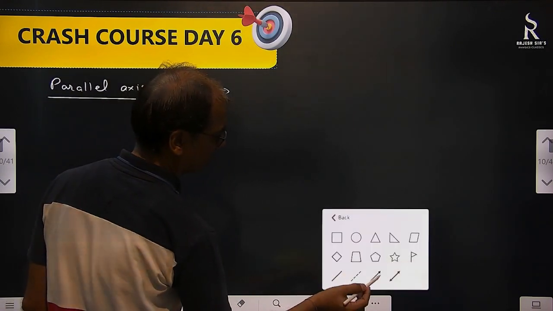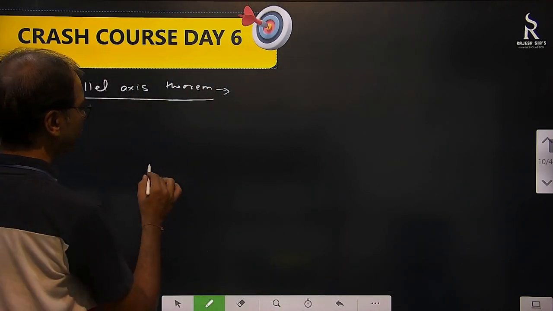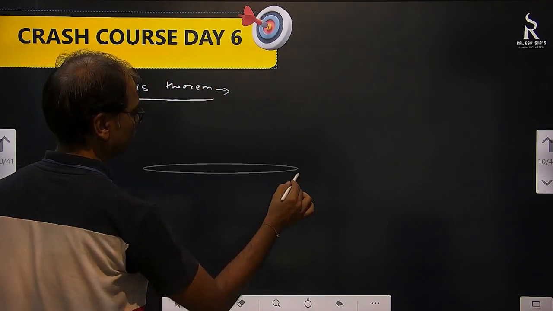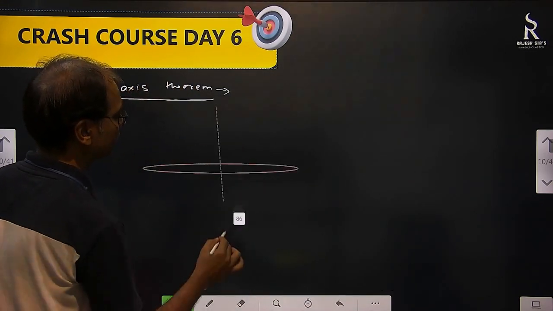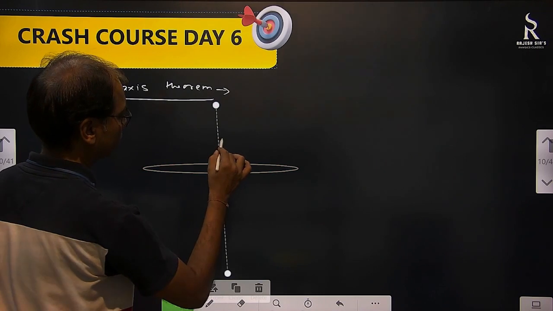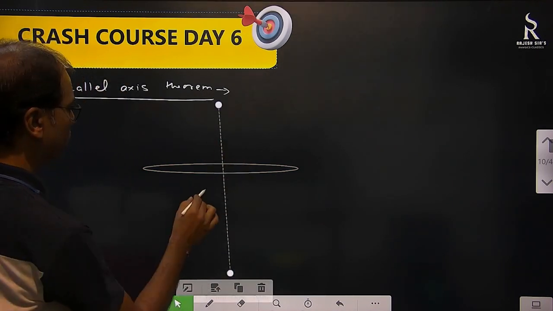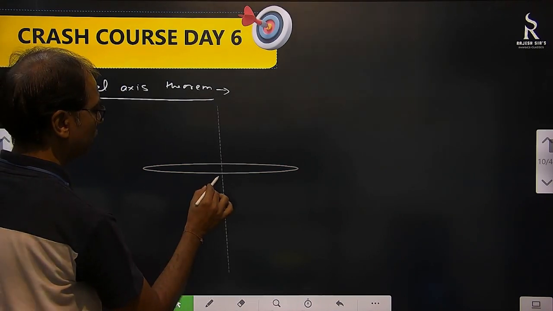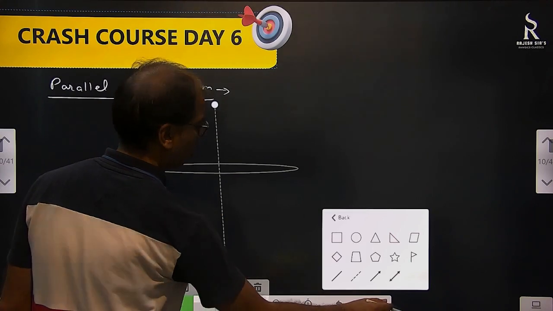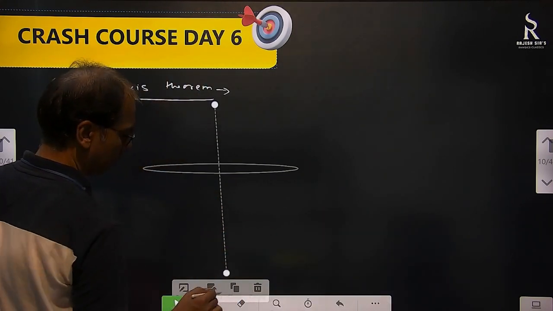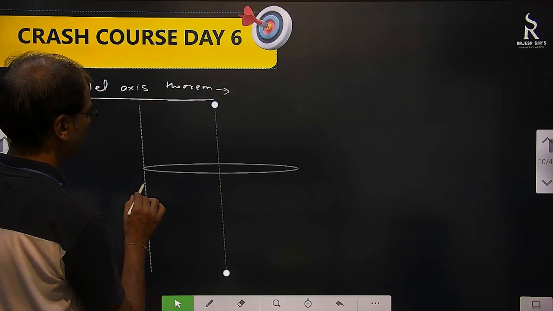Suppose I take one object over here, let it be a ring. So this is the ring here, and this is the axis passing through its center, and we want to find out moment of inertia about another axis which is parallel to this, somewhere.